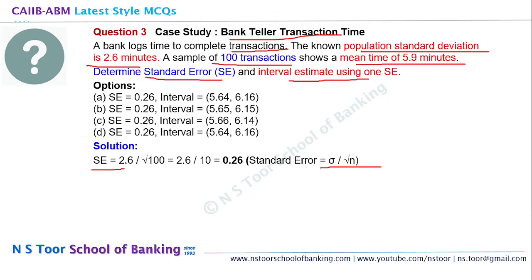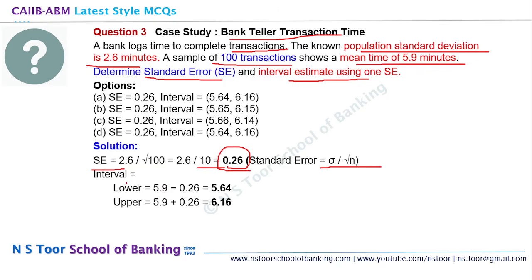So 2.6 divided by square root of 100 is equal to 2.6 divided by 10, because square root of 100 is nothing but 10. So our answer will be 0.26. What is the standard error in this case? It is 0.26.